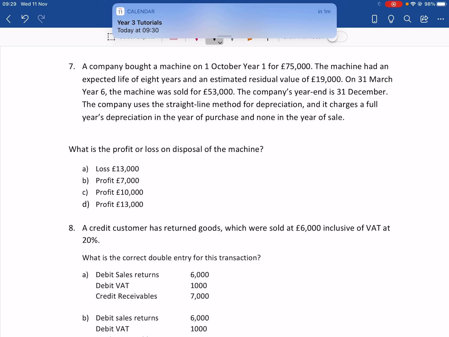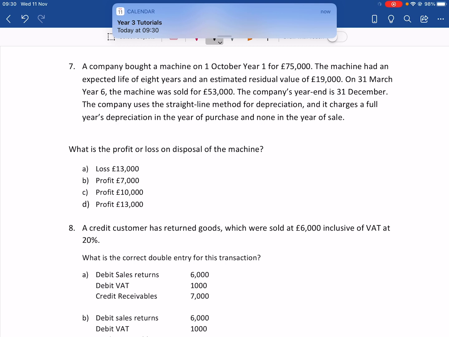This is looking at what profit we've made on disposal of a particular asset. The company bought a machine on October the 1st for £75,000. The machine had an expected life of 8 years and an estimated residual value of £19,000.